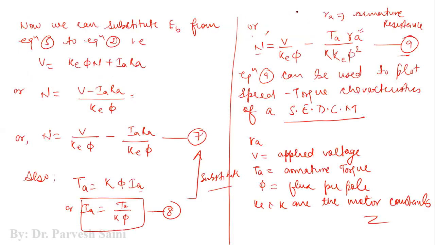So now let us try to understand this. We will keep the torque on the x-axis and the speed on the y-axis. Now, in this equation, N is equal to V by Ke Φ minus Ta by K into Ke Φ square, and then we have Ra, right?